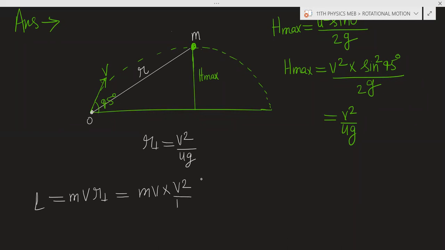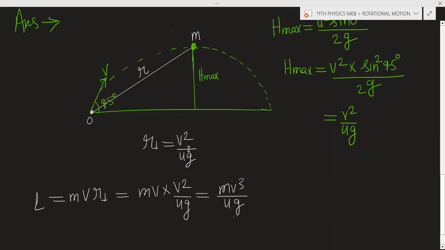So it will become m v cube by 4g. So this will be the answer, because mv into r perpendicular will be the angular momentum about this point.